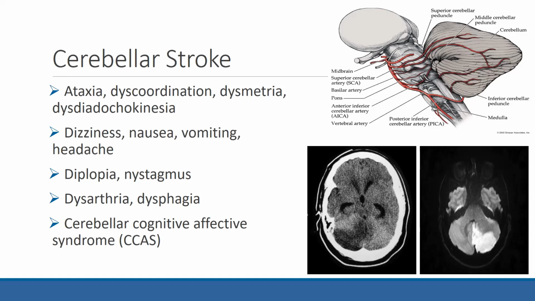The cognitive symptoms are usually dysexecutive, attentional deficits, sometimes a little bit of memory deficits, and the emotional symptoms are usually depressive symptoms. So while we think of it as being primarily a motor problem, keep in mind that with a cerebellar stroke, it would not be unexpected for you to see cognitive deficits as well.